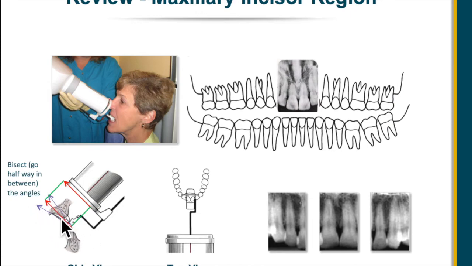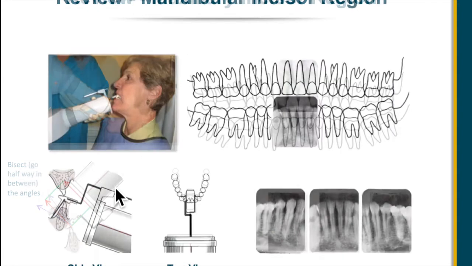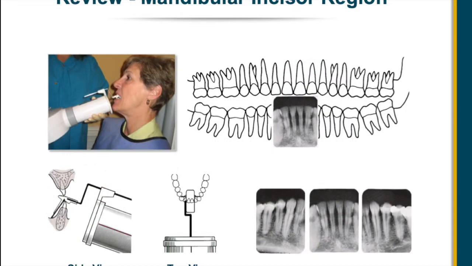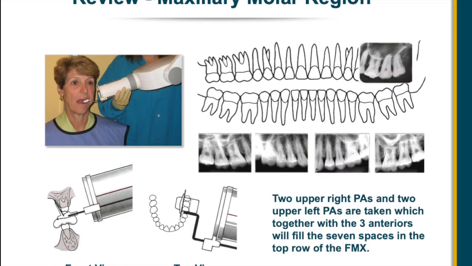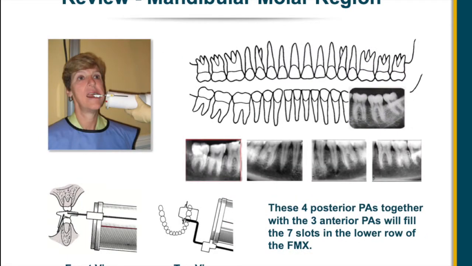You split that in half in the middle, and then your PID, your positioning indicating device, or the X-ray tube head, should be parallel to that angle. Same thing here in the incisor region, maxillary molar region, mandibular molar region.